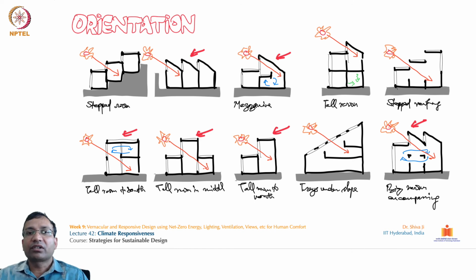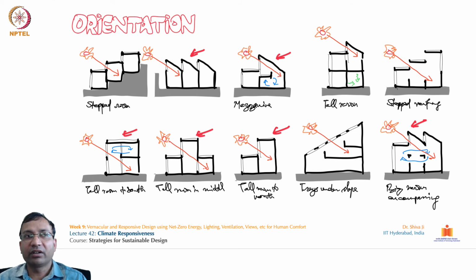Yeah, so this illustration talks about the orientation, like how well we can allow the sunlight to get in. Several kinds of solutions are possible. It depends on the site conditions also, which suits the most, or maybe we can devise our own innovative ways of adopting these strategies.